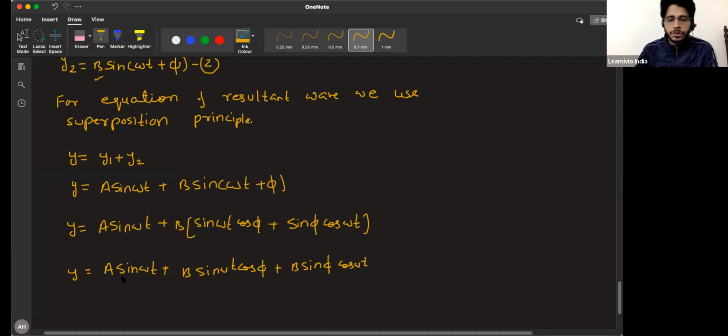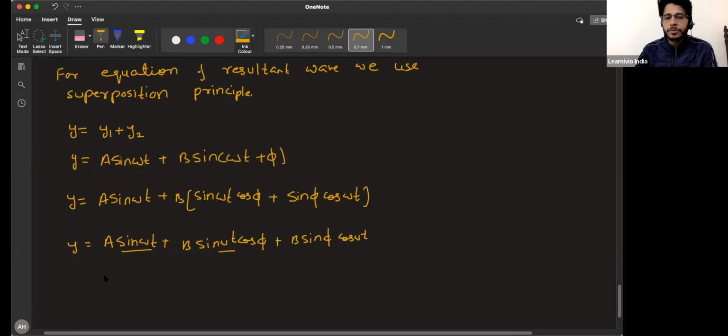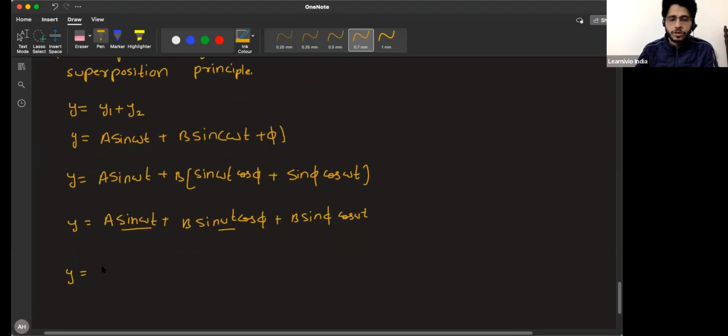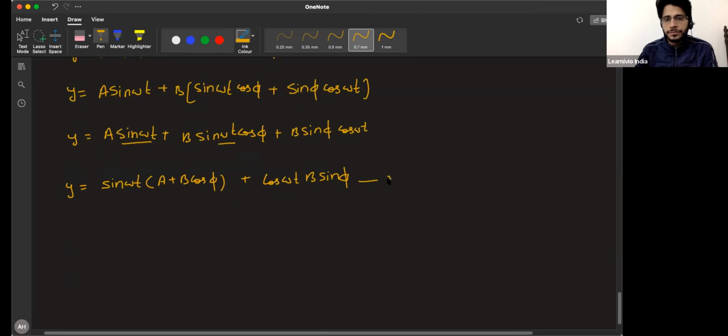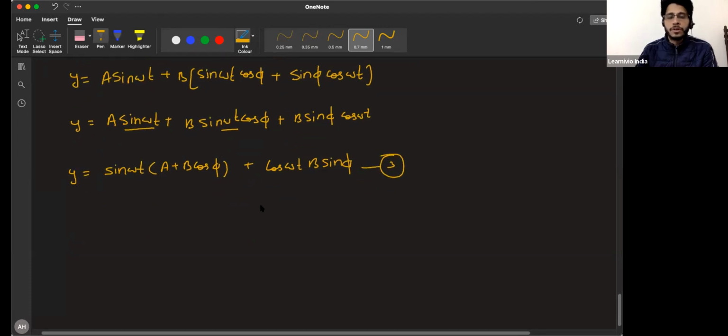Next, we can take sine omega t common from these two, and I'm left with A plus B cos phi, and then B sine phi cos omega t. Let's call this equation number 3.